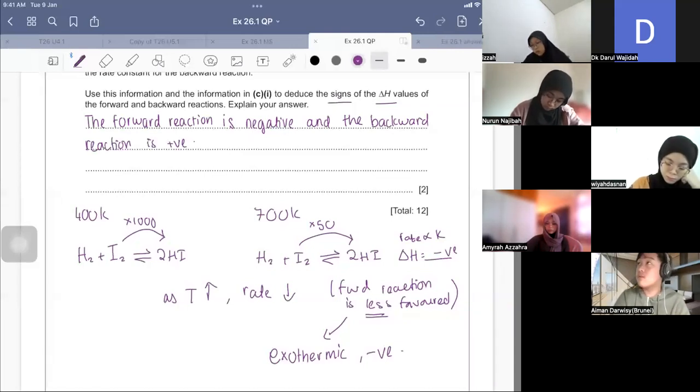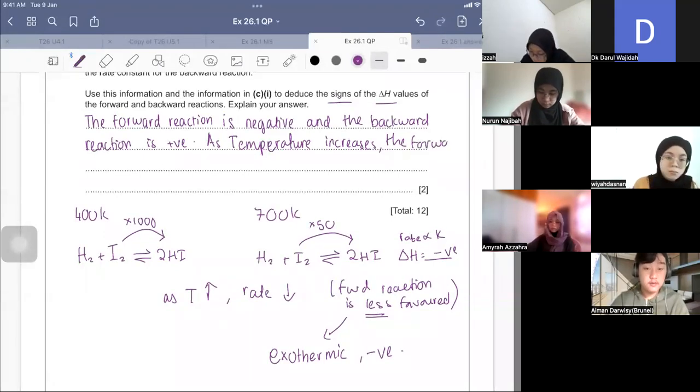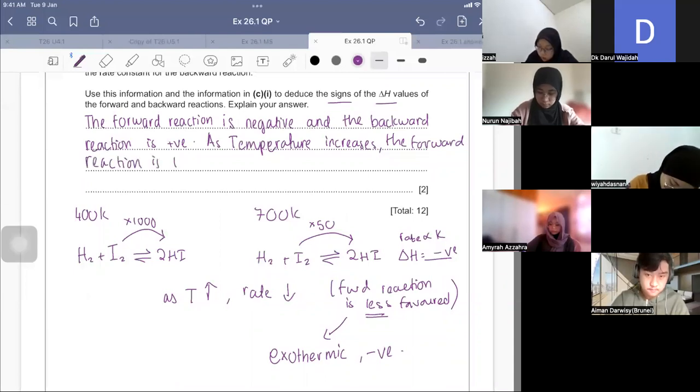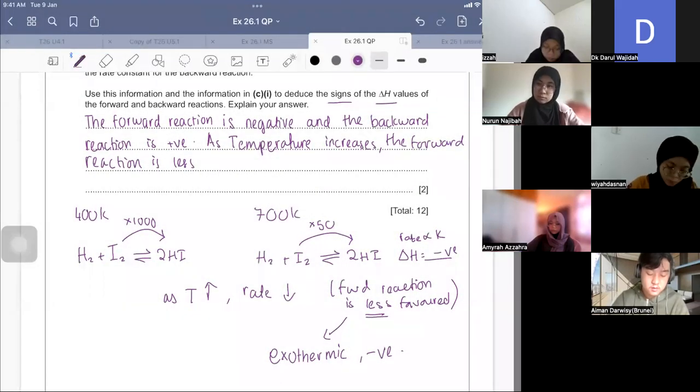The reason for this is, as temperature increases, the forward reaction is less favored.